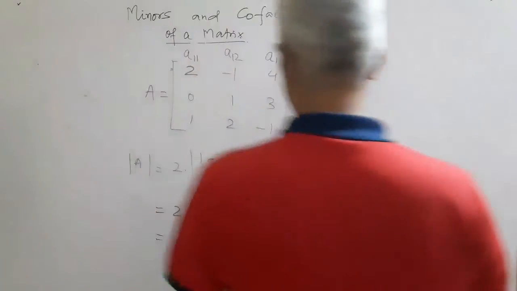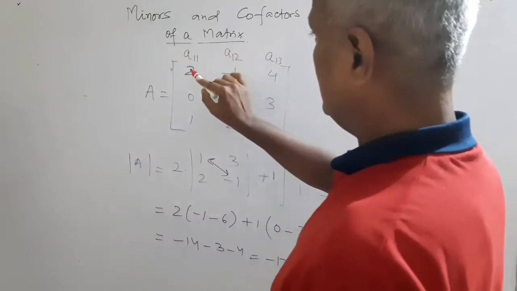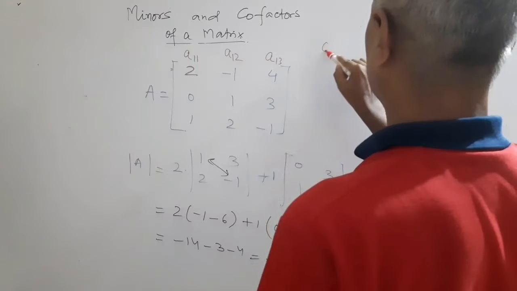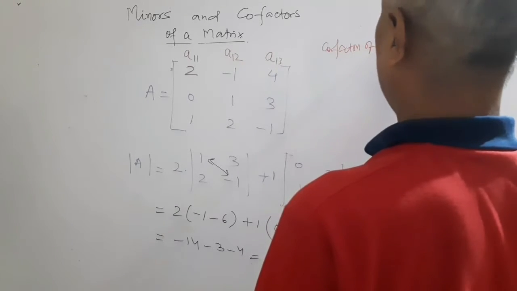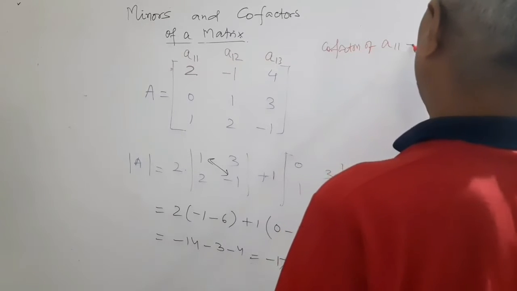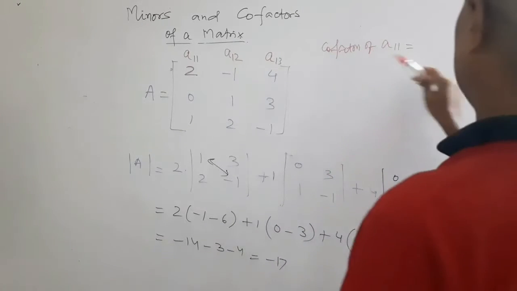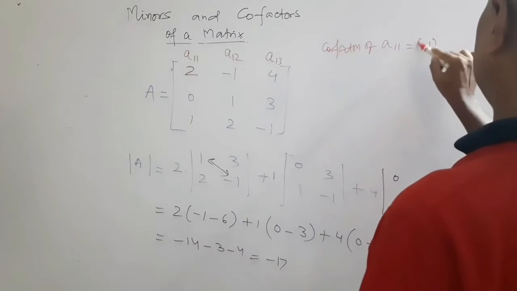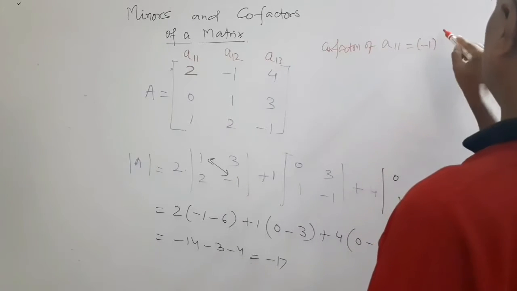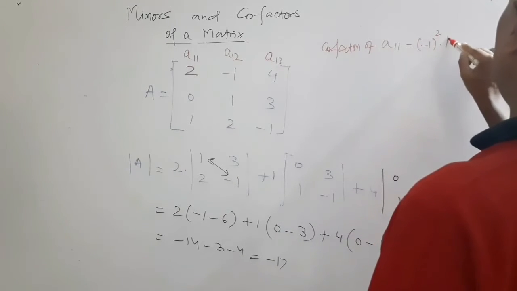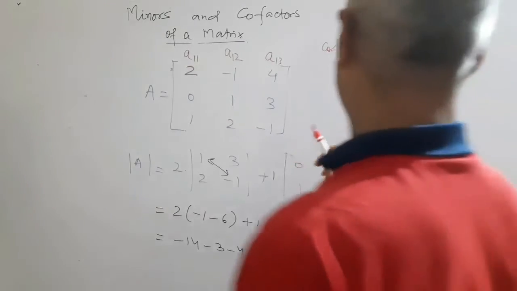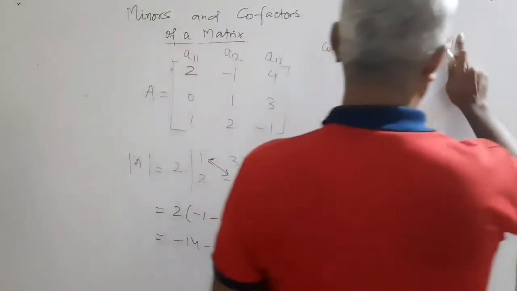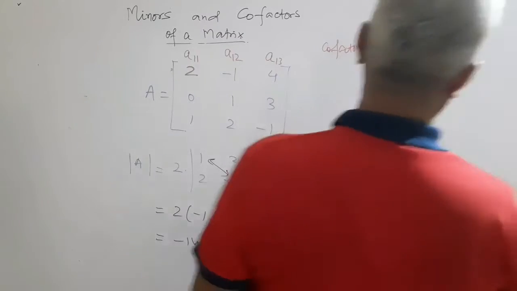Now I am trying to find the cofactor of 2, so the cofactor of A11. What is the cofactor of A11? This is minus 1 to the power 1 plus 1, that is 2, into the minor of A11. Sorry, I had written A12, this is A11.